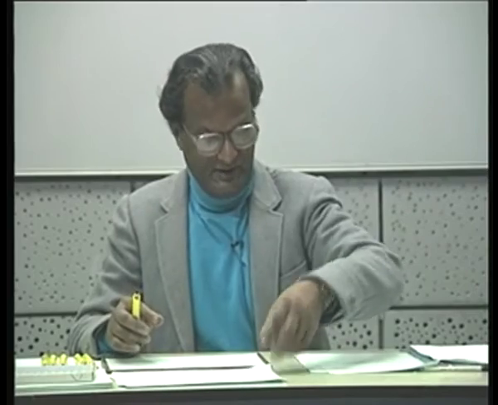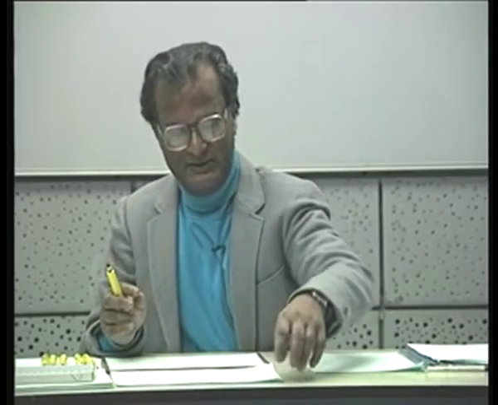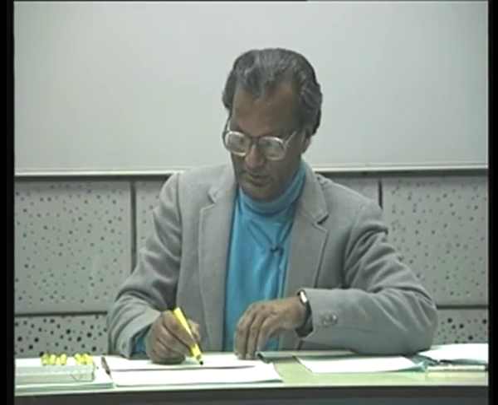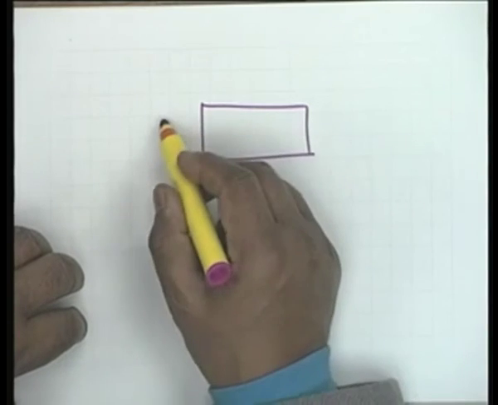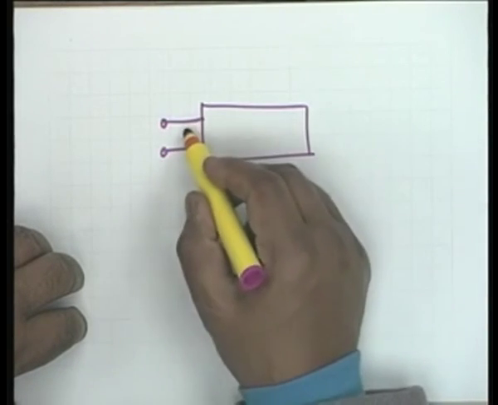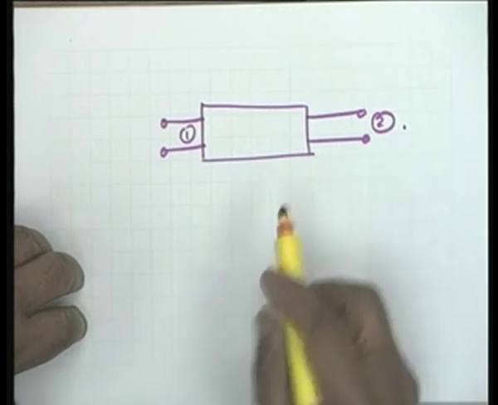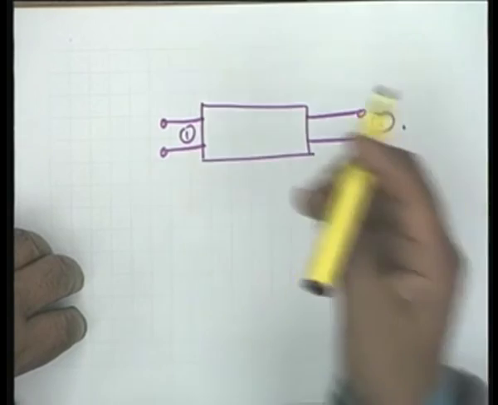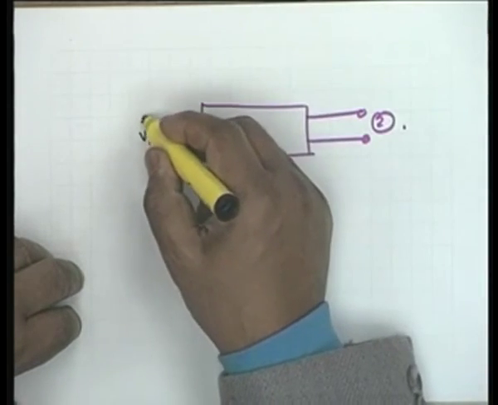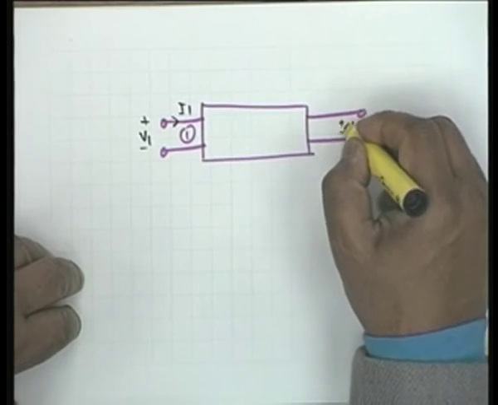Now, the point we have to bother about now is, given a 2 port, we will consider a general 2 port, that is a 4 terminal network. We call this port 1, we call this port 2, and we identify 4 parameters, 2 voltages and 2 currents, V1, I1 and V2, I2.